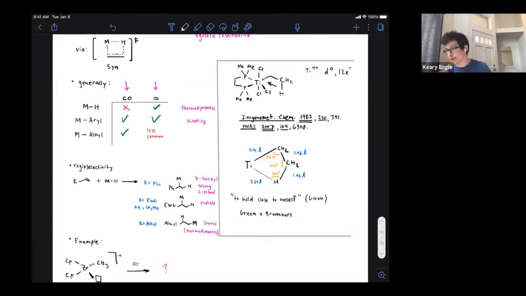But actually, if you count the agostic interaction as a ligand, it can change the overall electron count. So as a first pass, don't overthink this. If you have no reason to think there's an agostic interaction, don't draw one in. But if you have strong structural evidence, then there's the ability of the metal to stabilize itself when the metal core doesn't have enough electrons to be happy.